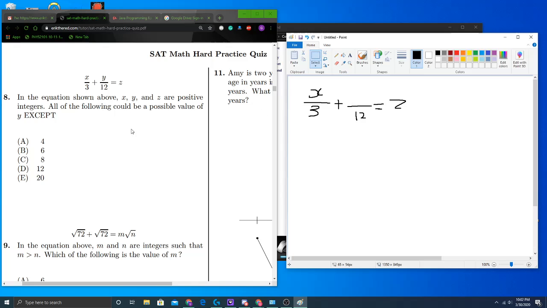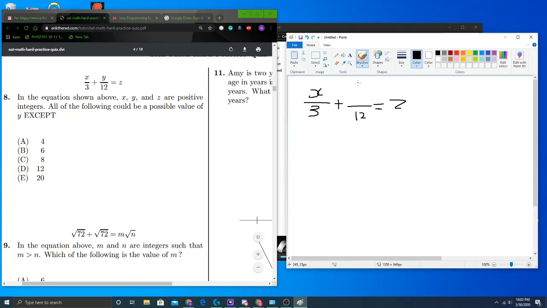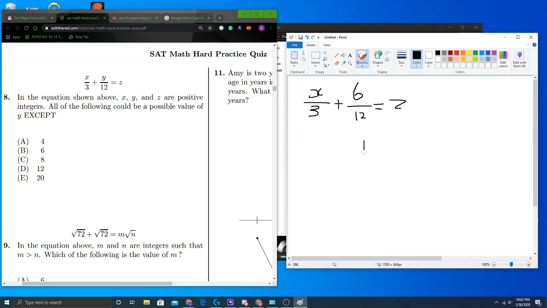Which one works? 6. Let's try 6. 6/12 is a half. So yes, okay, I see what they want. Is there any possible way that we can have a whole number here added to the 1/2 to make another whole number?